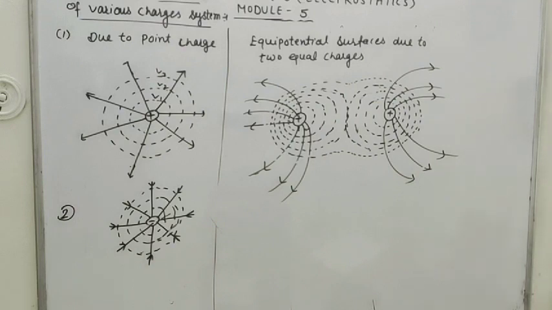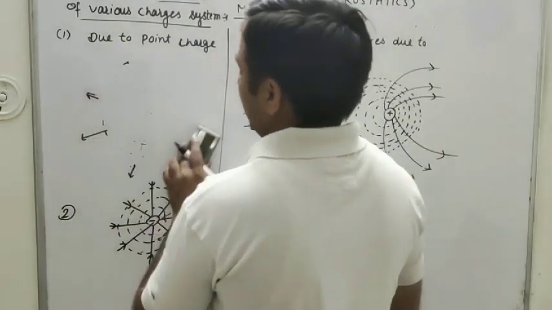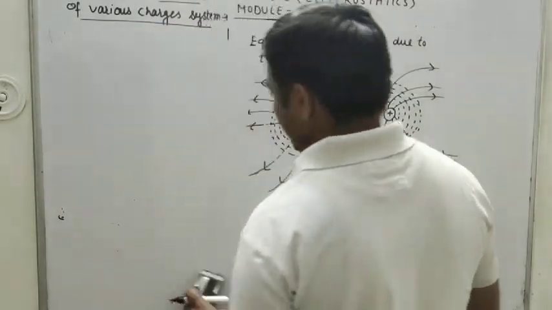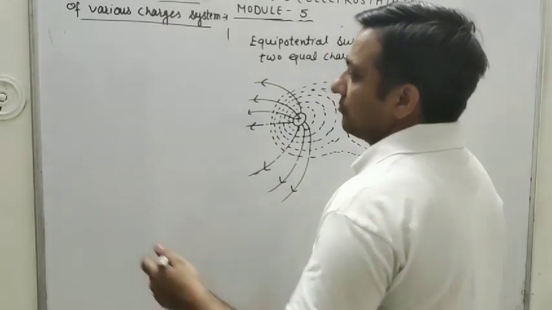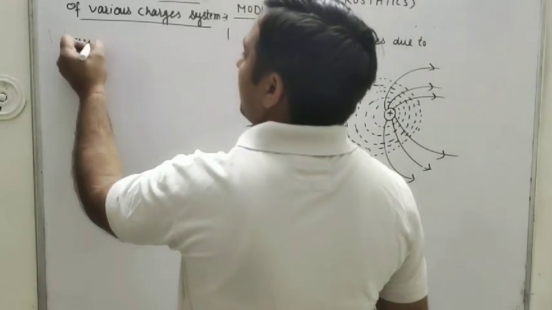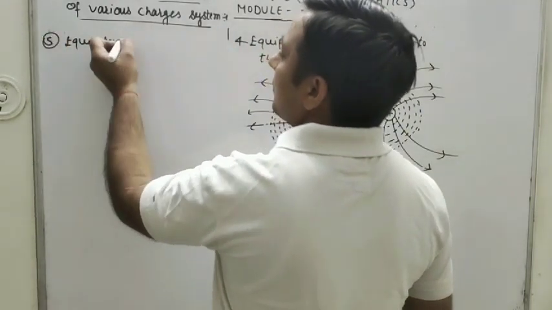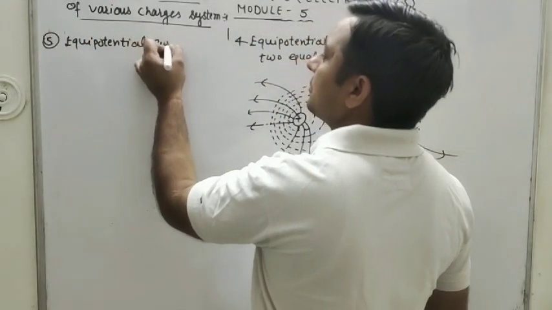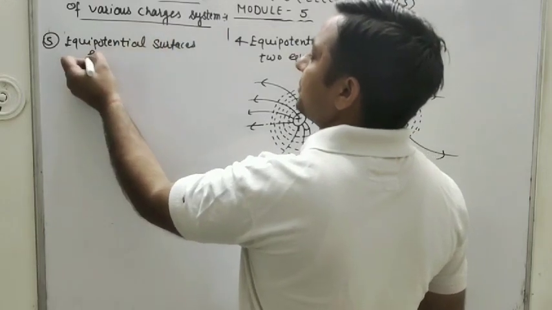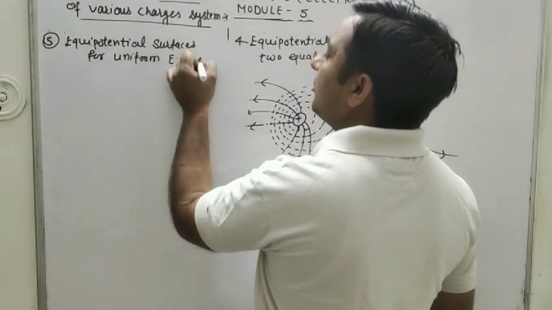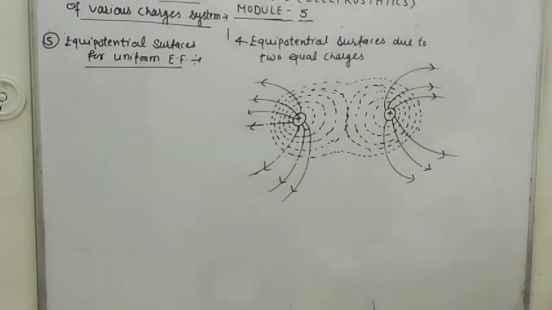So now the last one, equipotential surfaces for a uniform electric field.